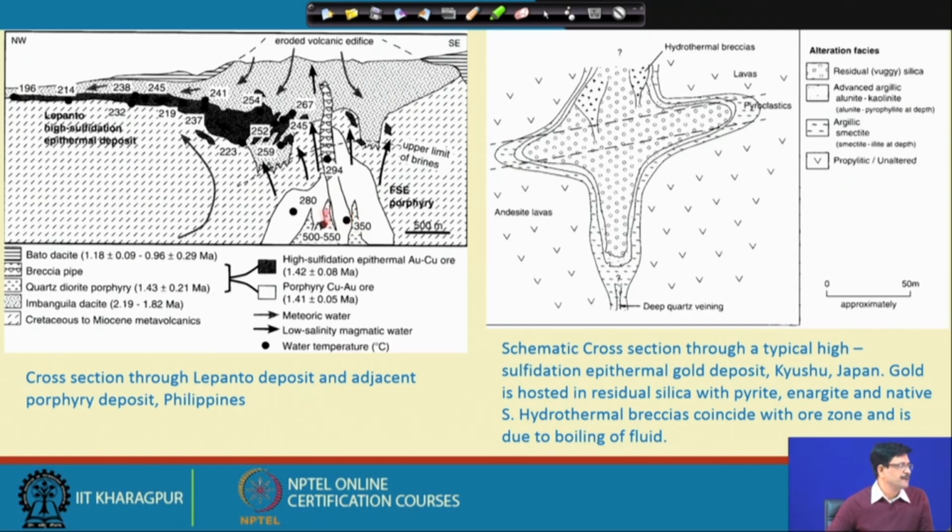This is an example of a high sulfidation deposit in the Philippines, where the porphyry deposit in the close vicinity is also shown, along with the migration path of the fluid and the decreasing trend of the temperature. They are less than about a kilometer within the volcanic center, and their depth range is within 1.5 to 2 kilometers from the surface.